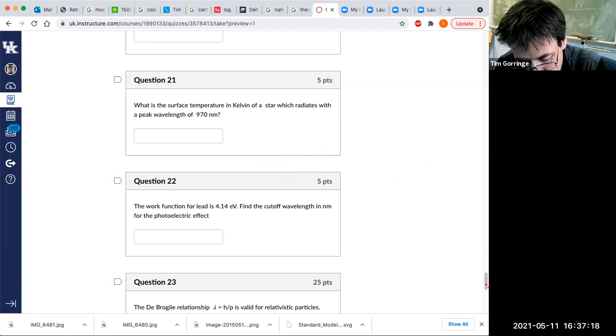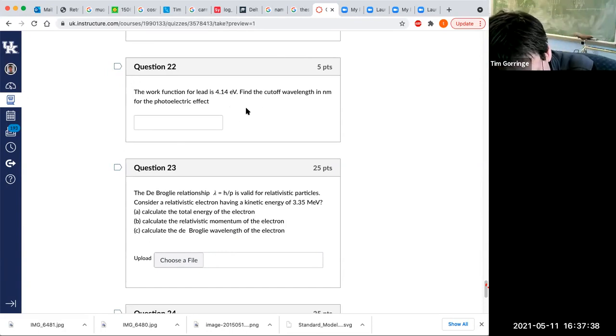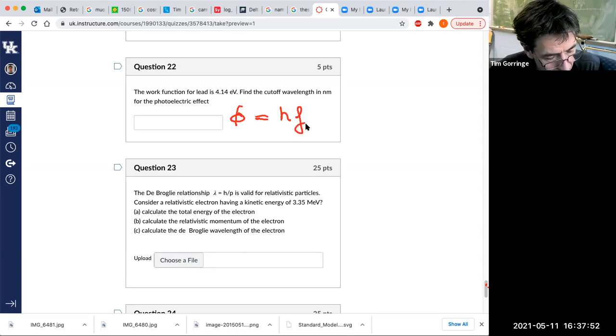Okay, last numerical answer question, I believe. In number 22, we're told that the work function of lead is 4.14 electron volts. We've got to find the cutoff wavelength in lead. Well, the cutoff, when you no longer get electrons emitted from the metal, is when the work function, phi, is exactly equal to the photon energy, which is Planck's constant times the frequency.